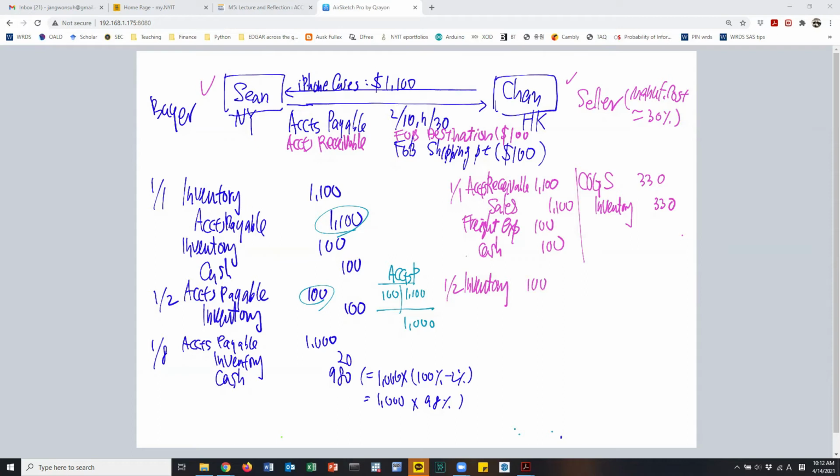I think it would be better to write down the transaction about the journal entries about inventory here. Meaning we need to flip this record by the $100 amount of the cost, meaning 100 times 30%, which is $30.